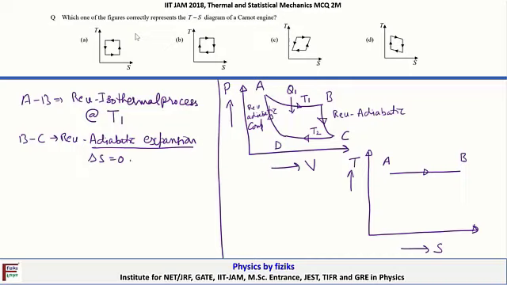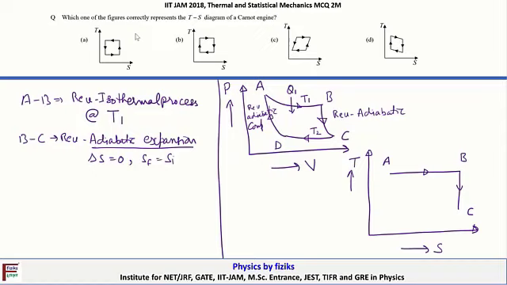Delta S equals 0 implies that S final equals S initial. There is no entropy change here. So I can draw a straight line perpendicular to the entropy axis. Here this is point C. Now C to D is again a reversible compression.